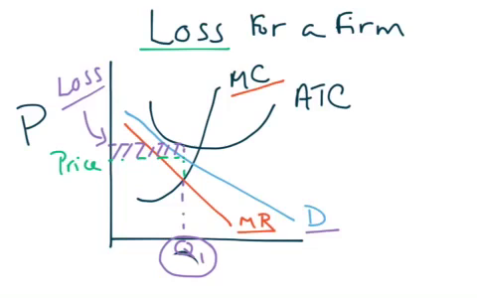It's really important to keep in mind that monopolies can experience loss. Some monopolies go out of business because in the long run they can't cover their average total costs, or the demand changes for the product. Even though maybe there's no competition in the market, perhaps people's tastes change and they don't want what the firm has been providing. So that's just an important thing to keep in mind.